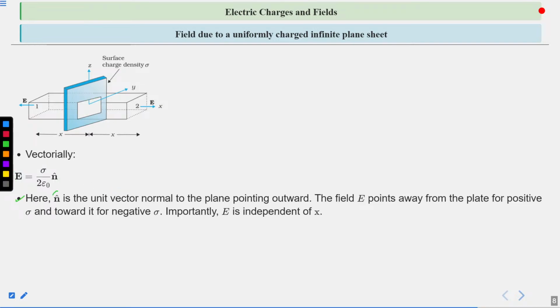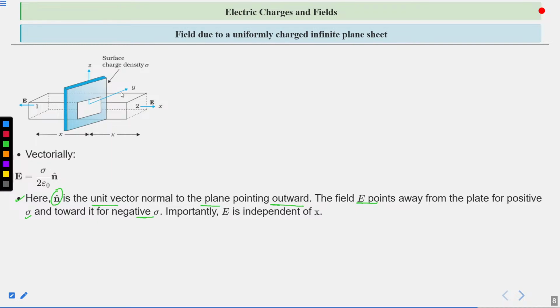Here n cap is the unit vector normal to the plane, pointing outward. Clear? The field E points away from the plate for positive sigma and towards it for negative sigma. It means what?